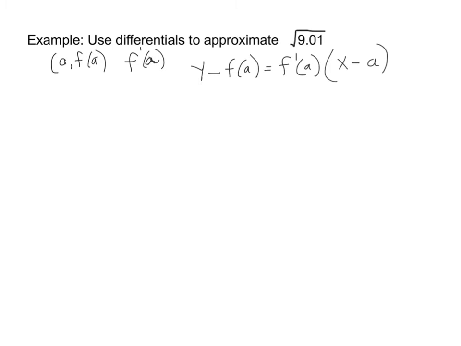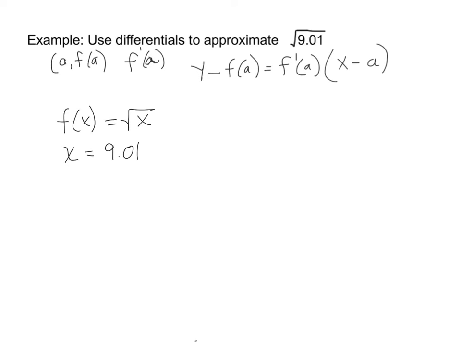All right, so the first thing we want to do is figure out what f of x is. So f of x is going to be equal to the square root of x because we're taking the square root of the number. The x that we're going to use in this case is that inside number, that 9.01, the 9 with a little bit added to it.